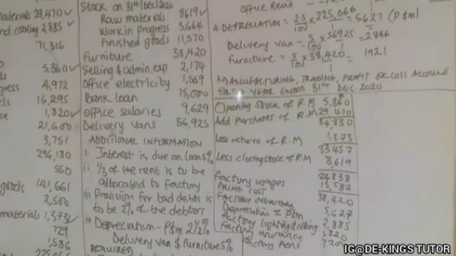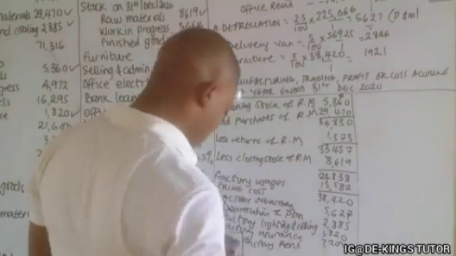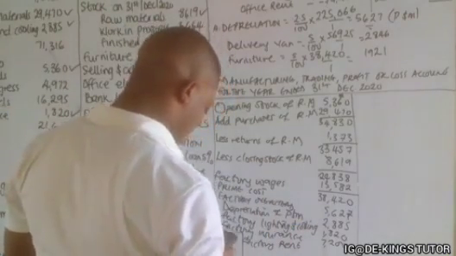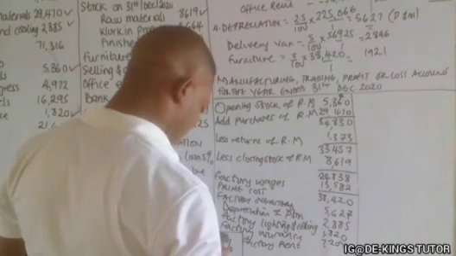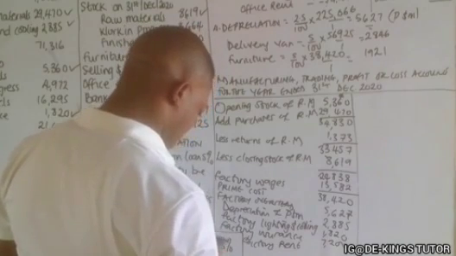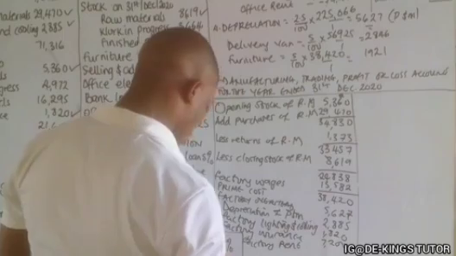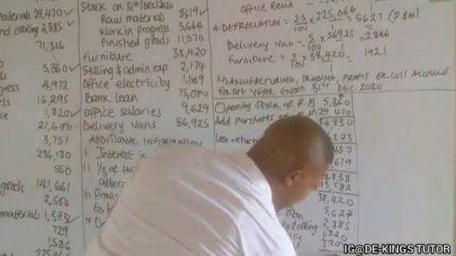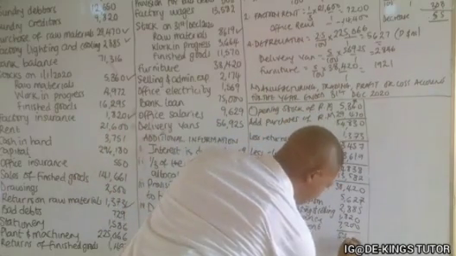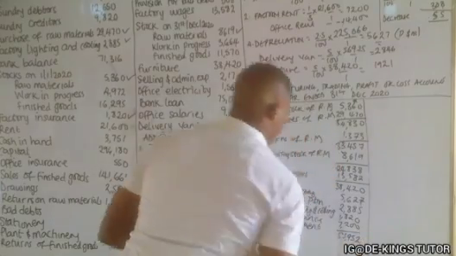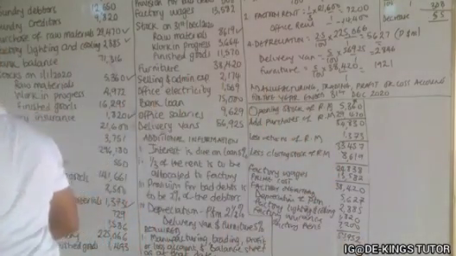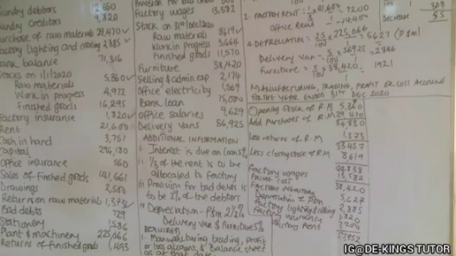Okay. So once we add it with what we have here, so this is plus 5,627 plus 2,885 plus 1,820 plus 7,200. So we have 55,952.